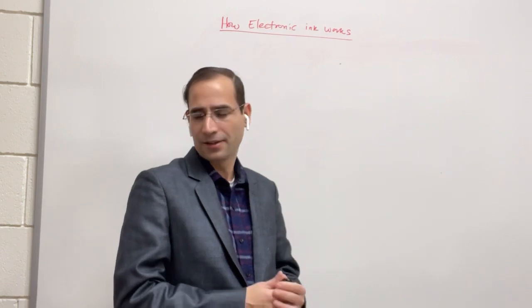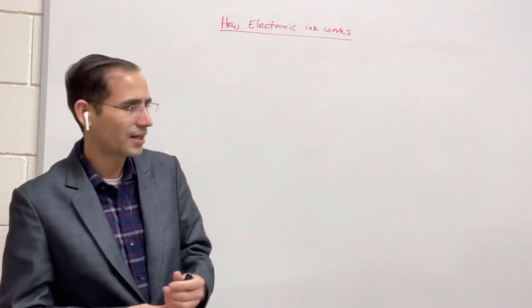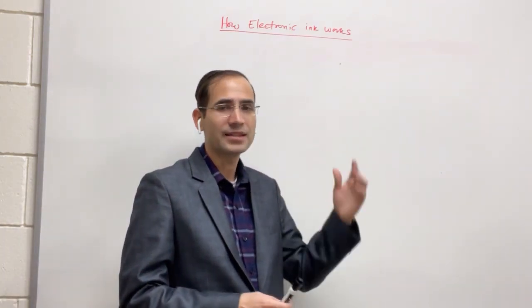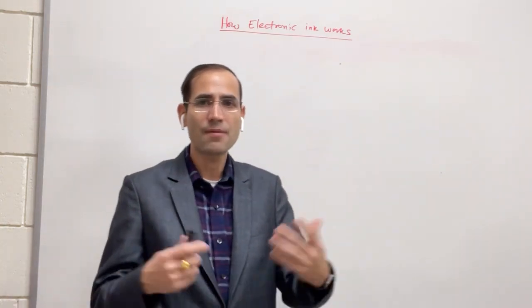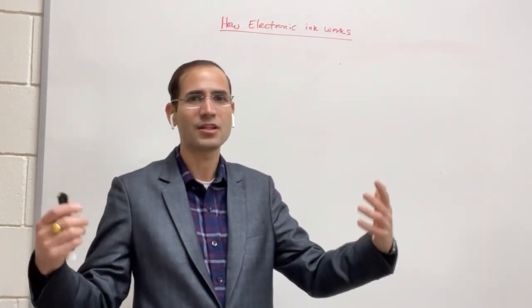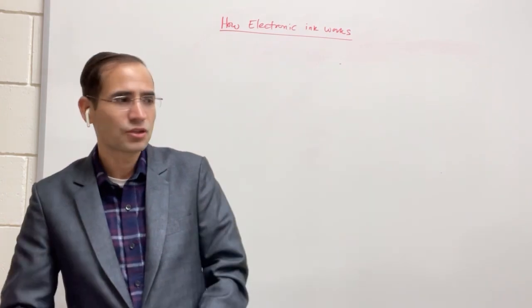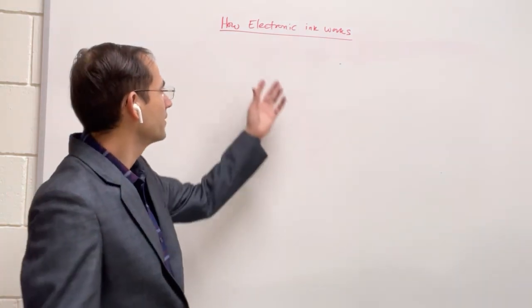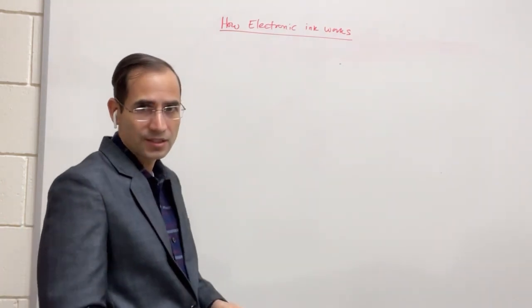The importance of electronic ink is that it will save paper. Saving paper means saving trees, and saving trees means saving the environment. So a lot is at stake in this technology.